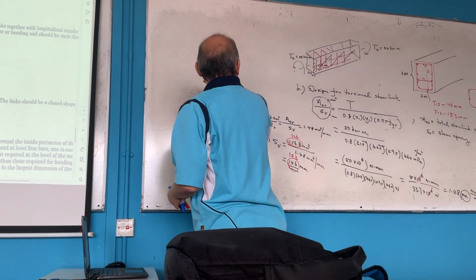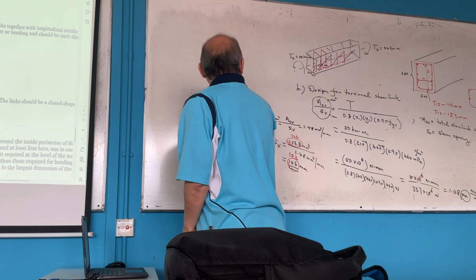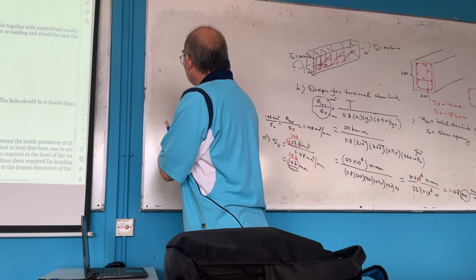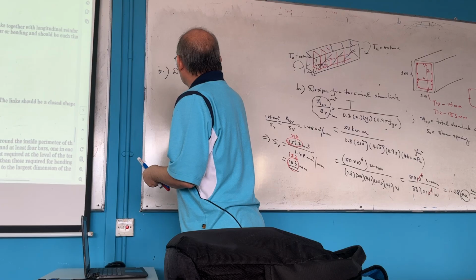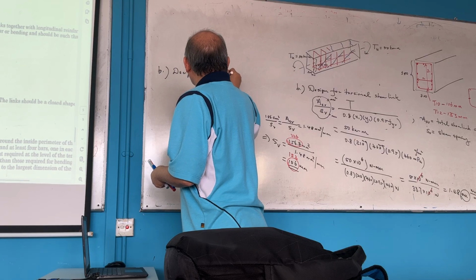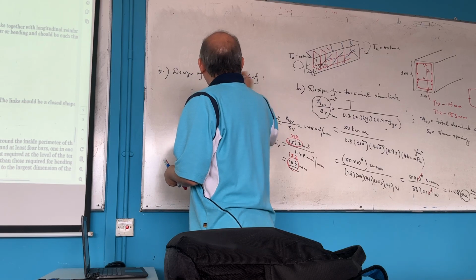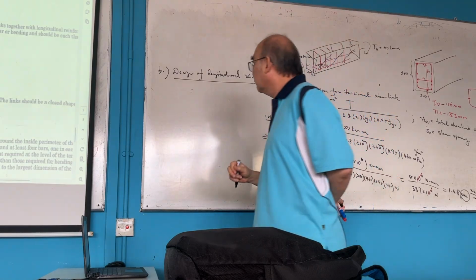So here this is design of torsional shear link. Over here, this is also part B, design of longitudinal reinforcement.